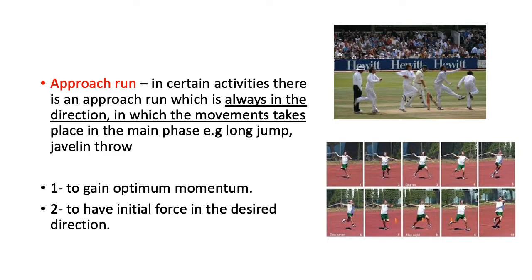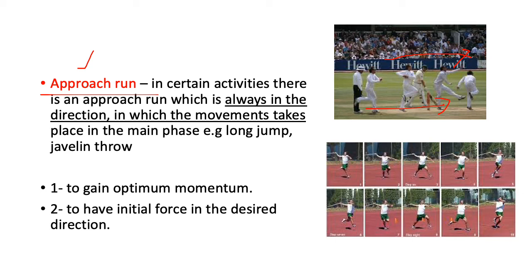Now second, in the preparatory phase we have the approach run. It is used in bowling. In certain activities there is an approach run which is always in the direction of the main phase. So how is it different from the withdrawal movement? Here the movement is always in the direction of the main phase. Now you want to bowl in this direction and you are running in the same direction, right?